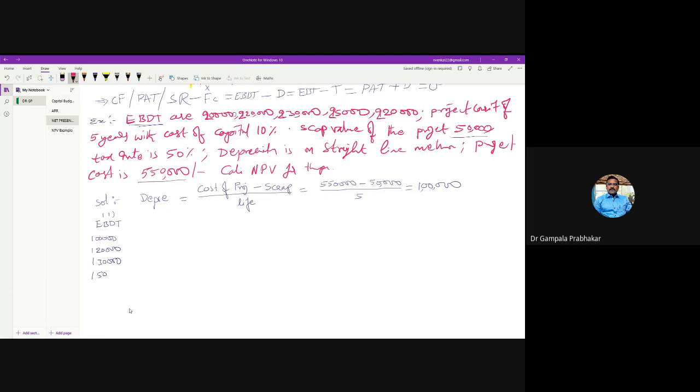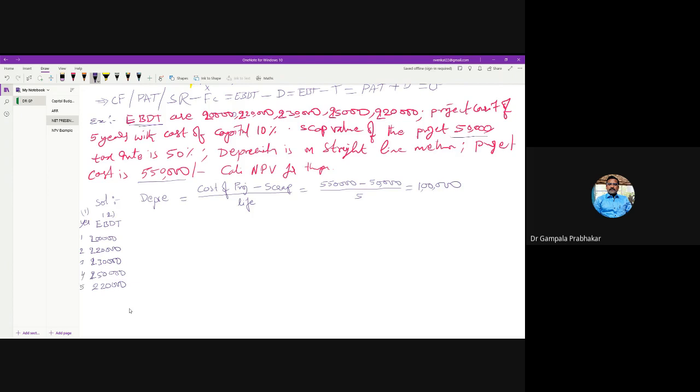So let us take 2 lakh, 2 lakh 20,000, 2 lakh 30,000, 2 lakh 50,000, and 2 lakh 20,000. Here you can write the year also: first year, second year, third year, fourth year, fifth year.